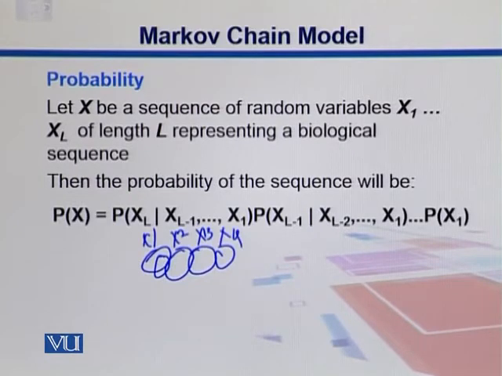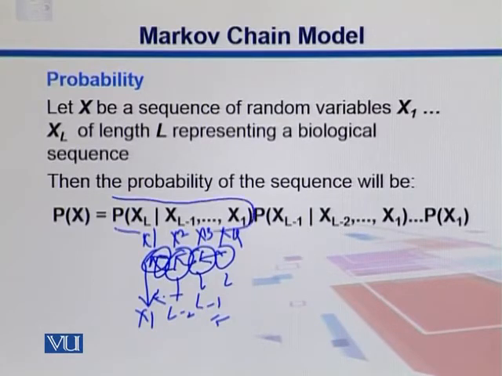Right now we are on, say, x1. The probability of x1 is dependent upon the last one, L. So it depends on where you are starting. You are starting from here and you want to know about this one. When you model that, we can have different transitions: from L, then L minus 1, then L minus 2, and so forth until you reach x1. The probability of this one can be dependent upon this one, this depends on this, and this depends on this. When we put it together, we can have something like this.